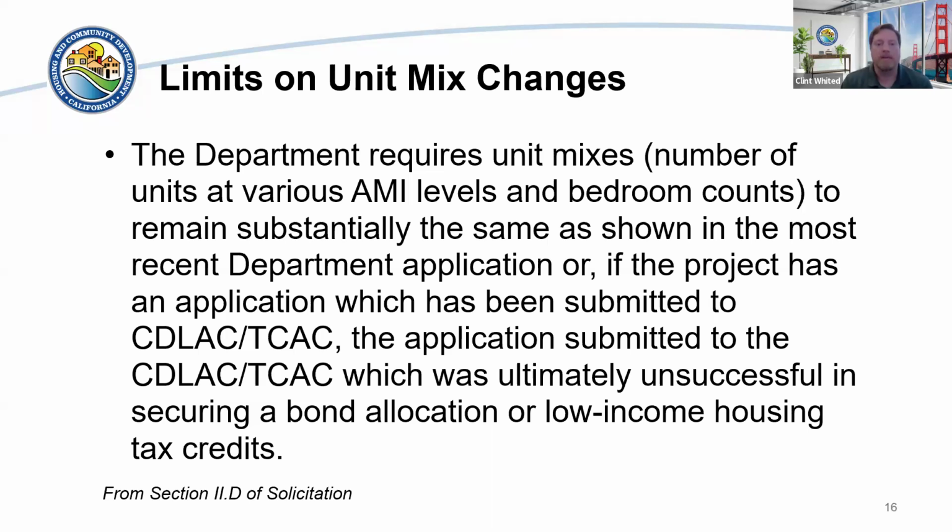So consistency in the unit mix in your DR Excel application is key, and it should be consistent with the prior loan application or the CDLAC TCAC application. Next slide.